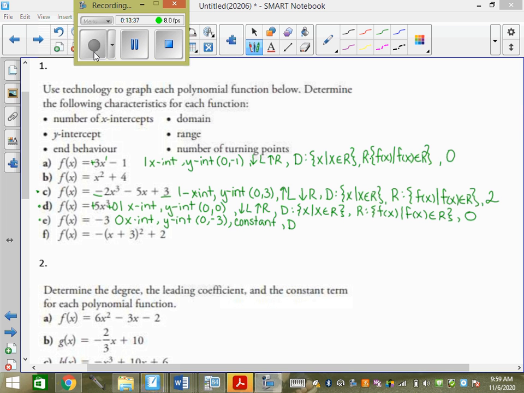My domain is still x an element of the reals because the arrows go all the way out to the right and to the left. But my range is not f of x an element of the reals. What's my range? f of x such that f of x equals -3. And how many turning points? None. It's a straight line. And we're leaving B and F for Monday.